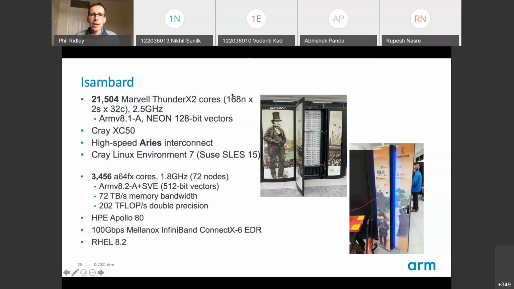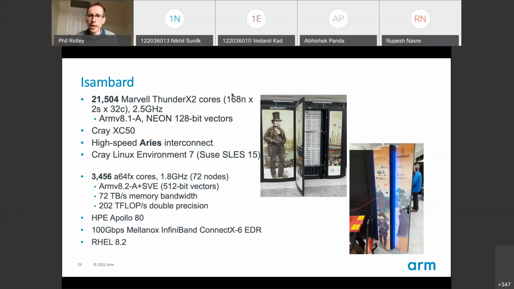Well, when Isambard 1 was thought about, the idea was, because ARM-based HPC was quite new then, just to get a system that you could house in a single Cray system, but with different underlying architectures.